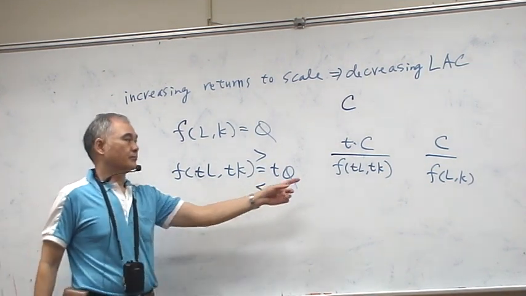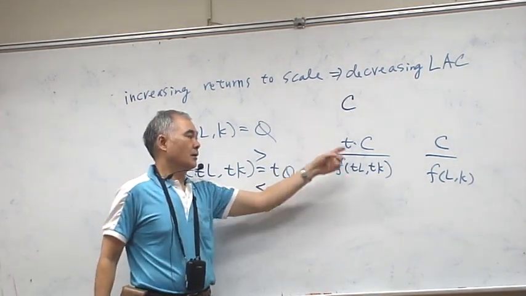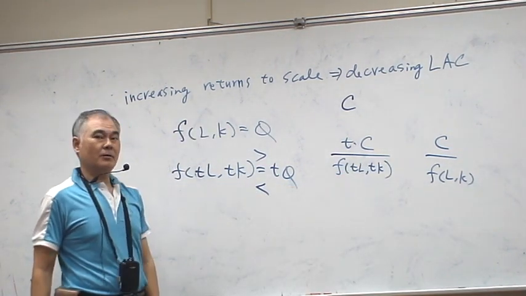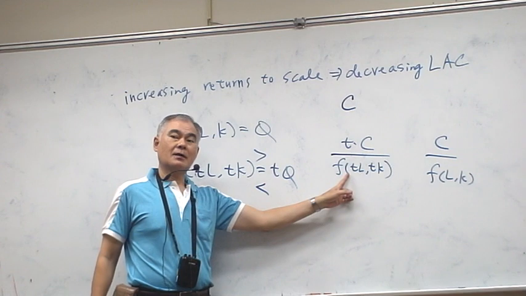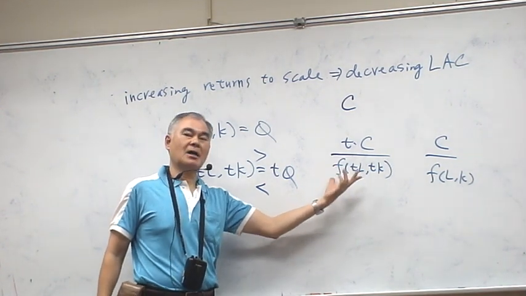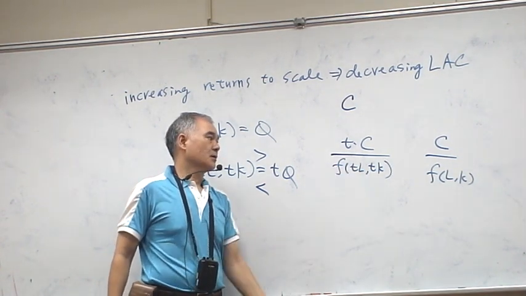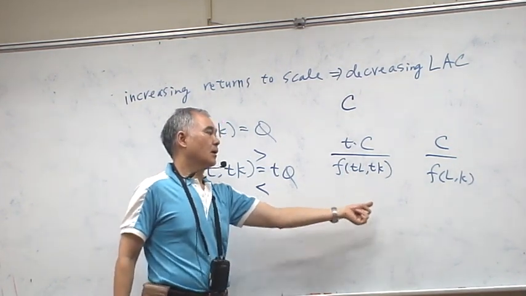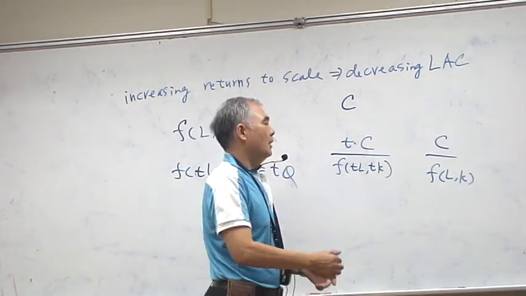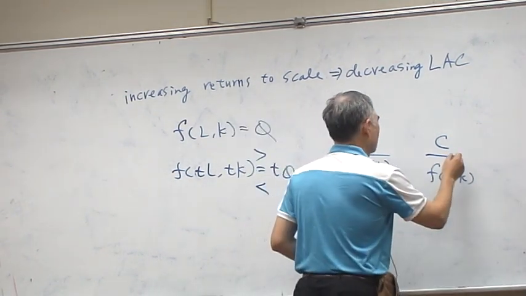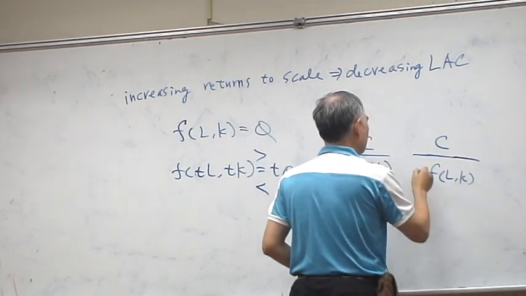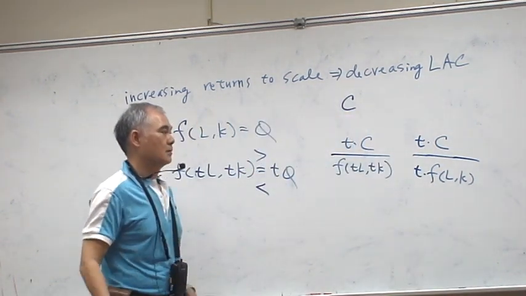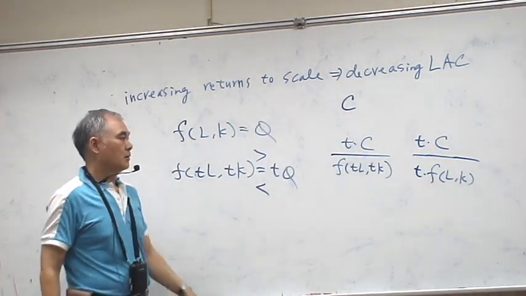So here, and here. And supposedly you double it, I mean, you put it t times. You get t times more L, t times more K, and want to compare with this one. Why?